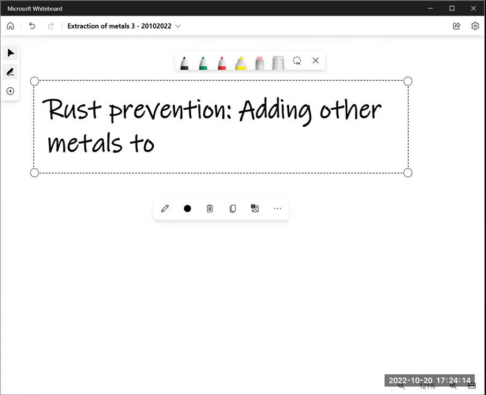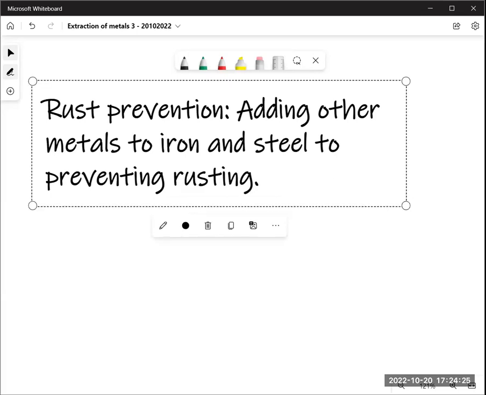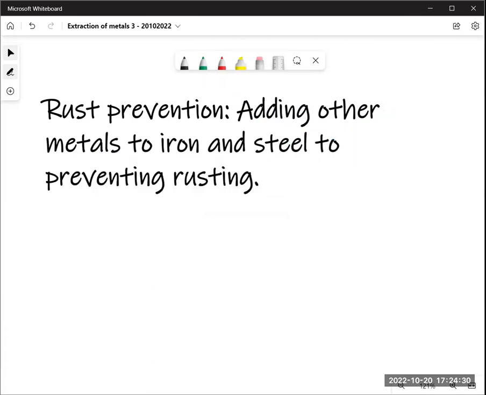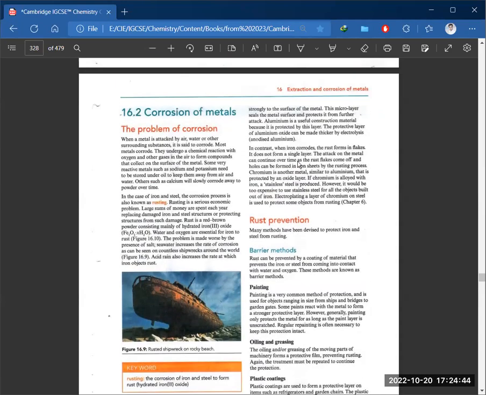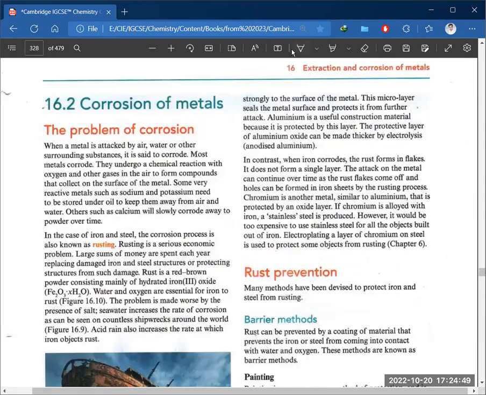Open the book, go to chapter number 16. Don't write the thing from the book on the board right now. Open your book and go to page number 317. Rust, corrosion of metals. Let's start reading from here. We need to use the book as well sometimes because it's important.